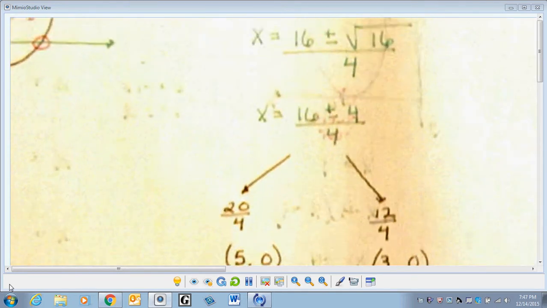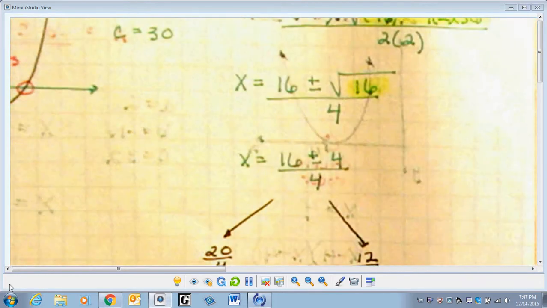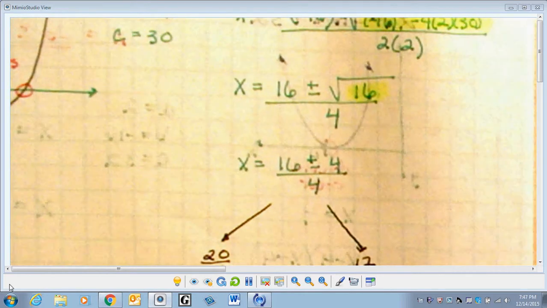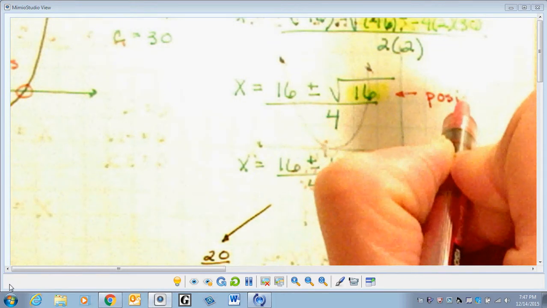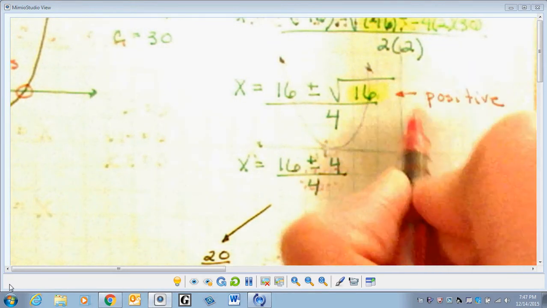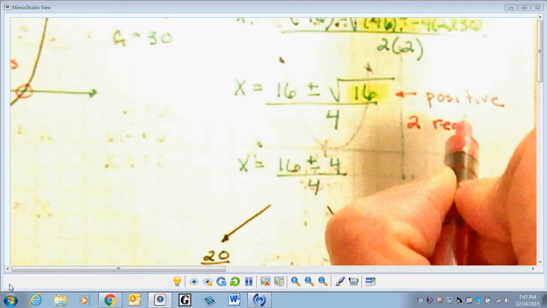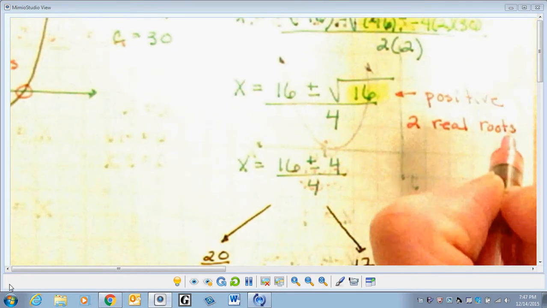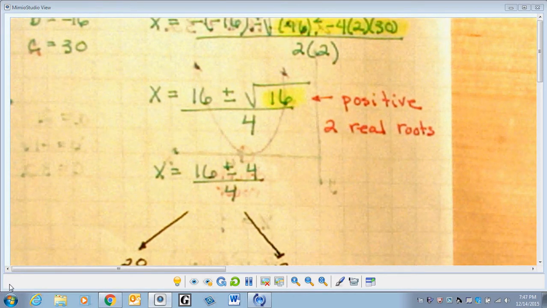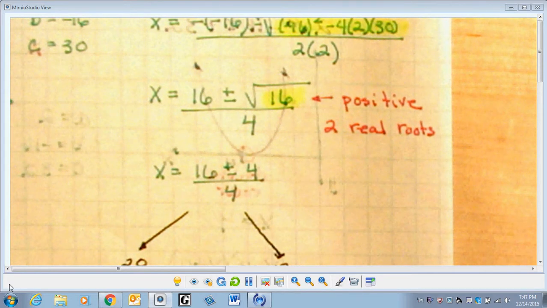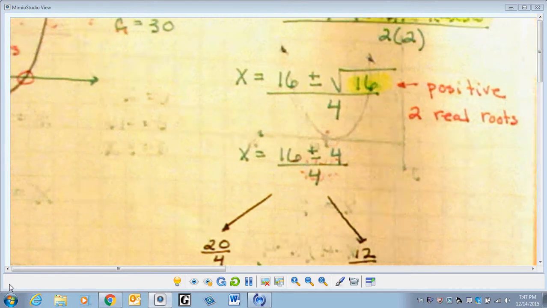So notice that our discriminant, let's look up here at 16, is positive, which means we get 2 real roots. Okay? 2 real roots. Okay, so let's just sum this up a little bit with what we looked at before. Let's write out all of the quadratics.